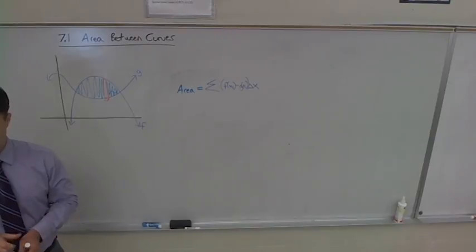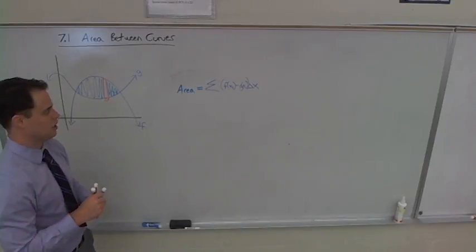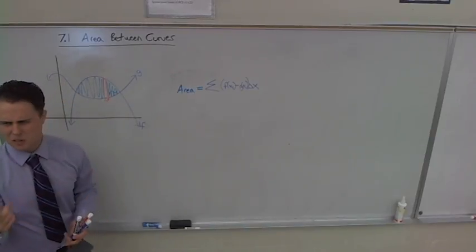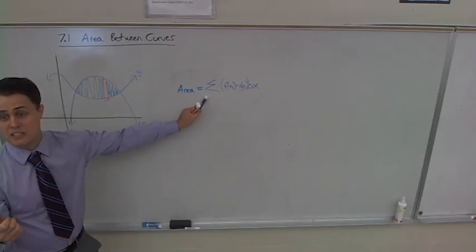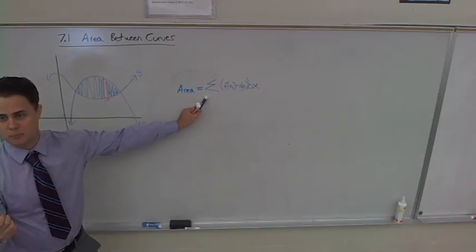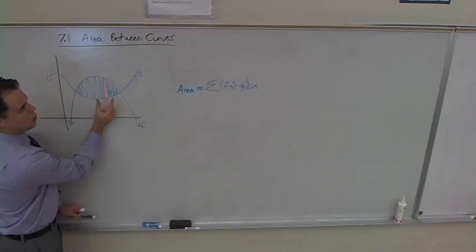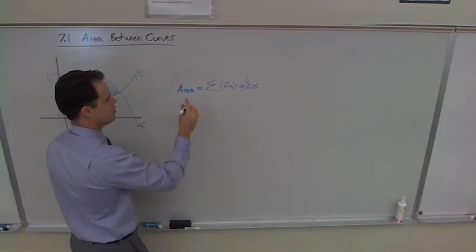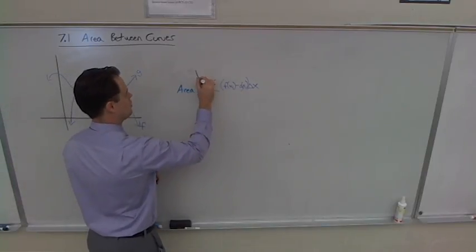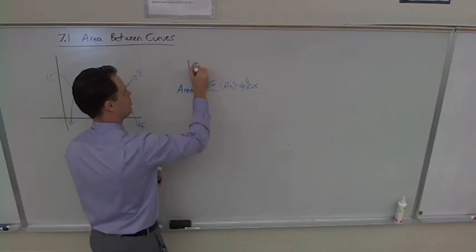So take that and turn it into calculus by saying, what do you need to put in front of this to make it exact? You need to make these rectangles go smaller and smaller and smaller, and take a limit as what, Derek? Can you help me? Limit as change in x approaches 0. Yeah, there you go.